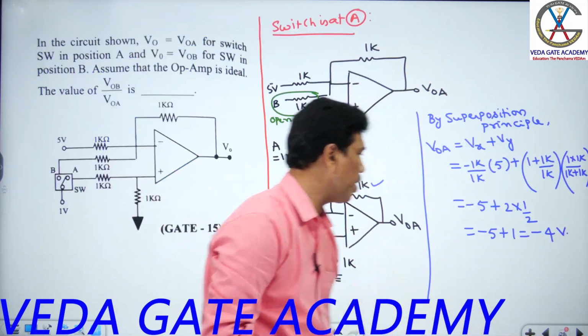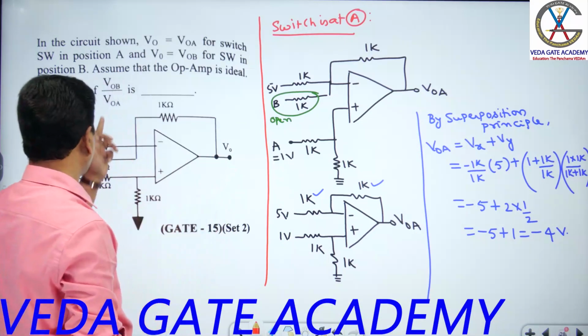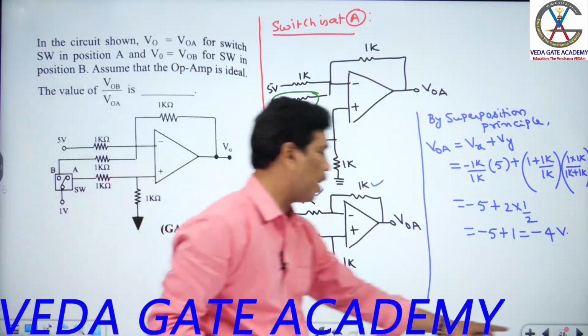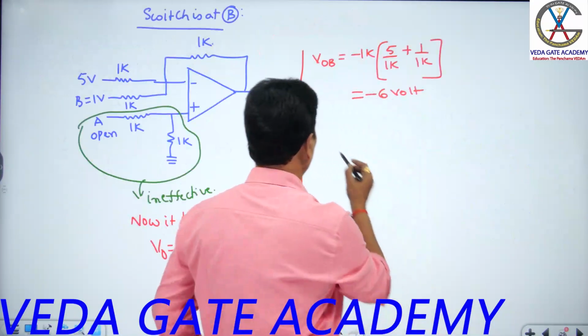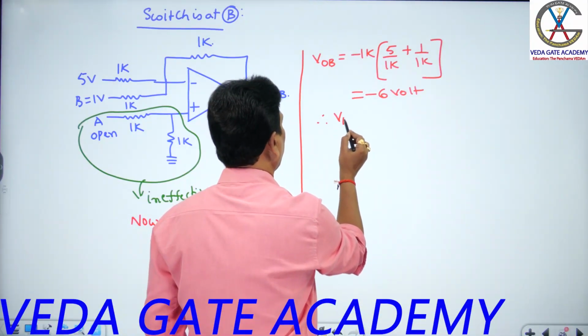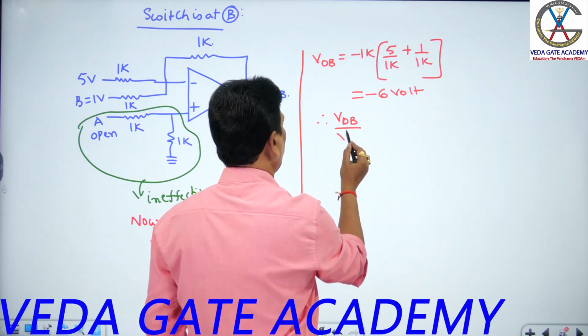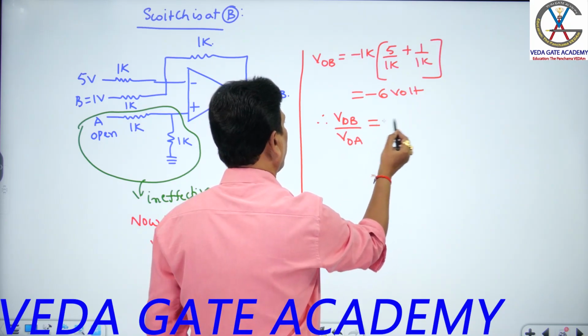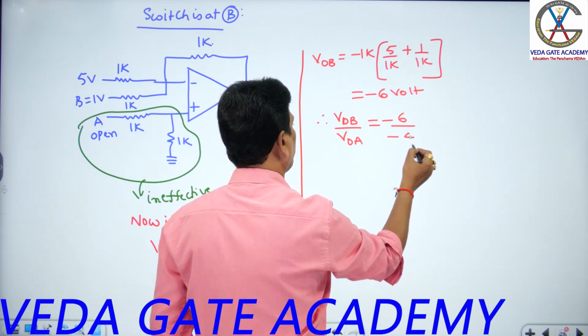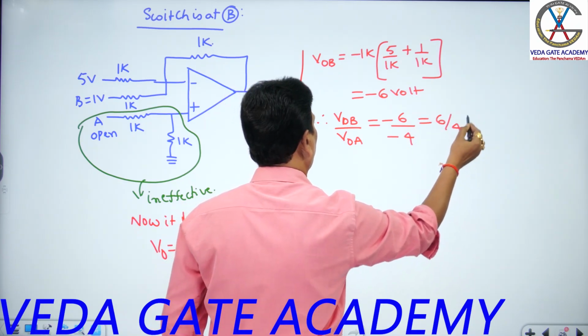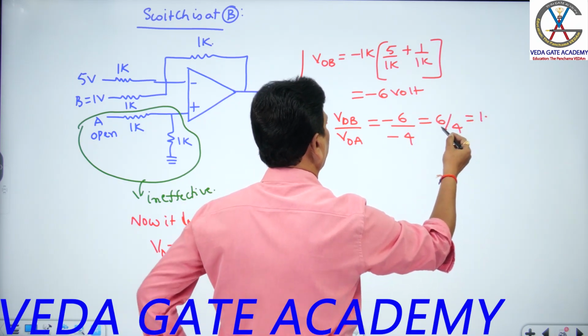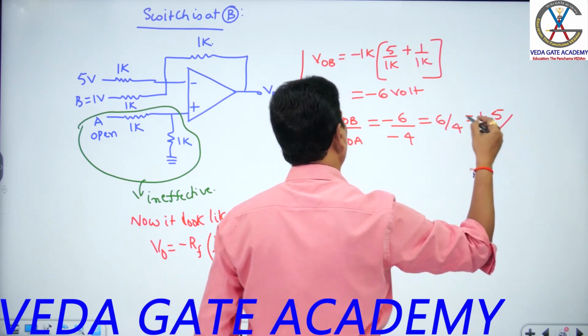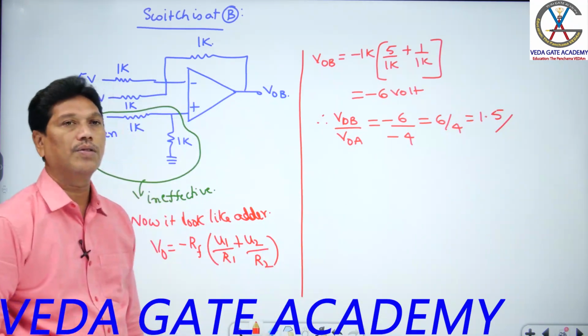I calculate V naught B and V naught A. Now you are asking the ratio of V naught B to V naught A. Therefore, V naught B by V naught A, V naught B is minus 6, V naught A is minus 4, sir, 6 by 4, that equals 1.5, sir. That ratio becomes 1.5.